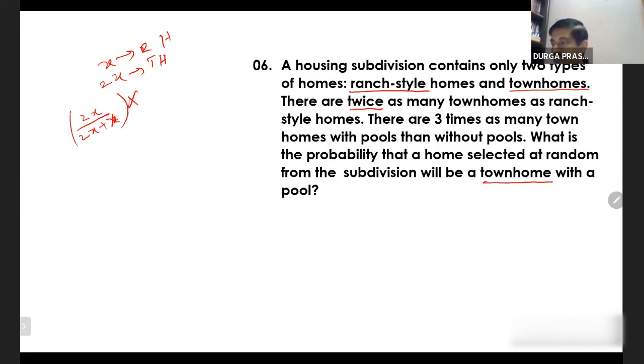Now we should get a house with a pool. 3 times is said, so it is 1 out of 3 again. So 2 out of 3 into 1 out of 3.